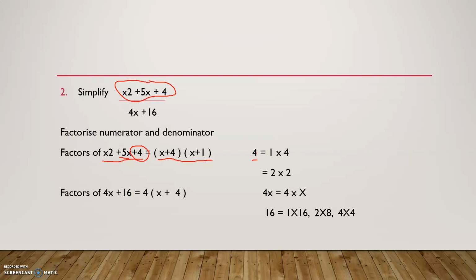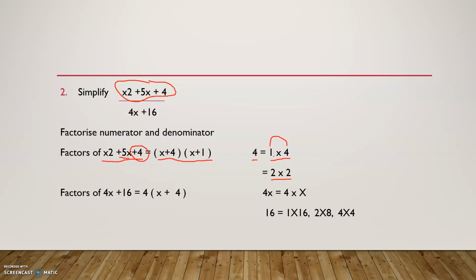Factors of 4 would be 1 times 4, or 2 times 2. If you look at the top one, 1 times 4 is 4, so that gives positive 4.